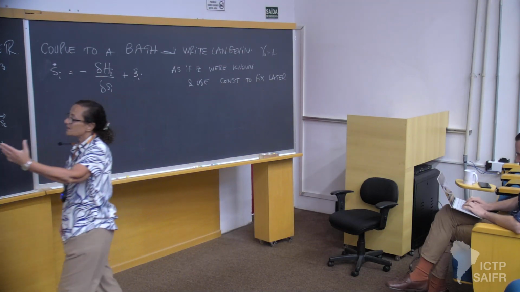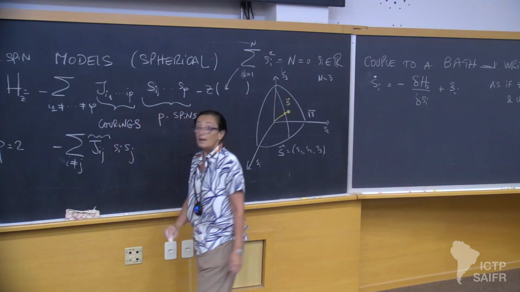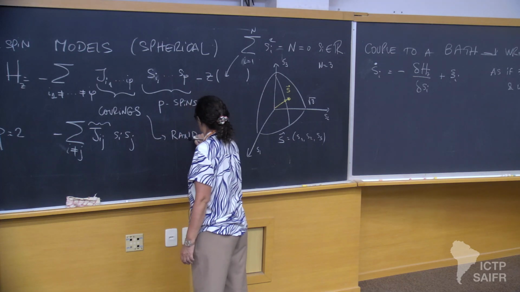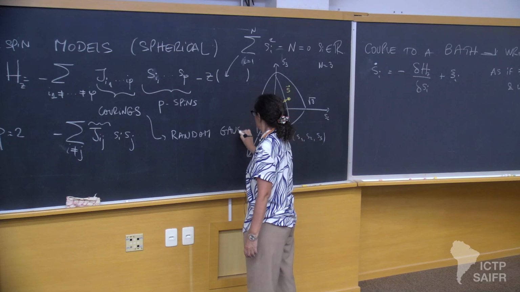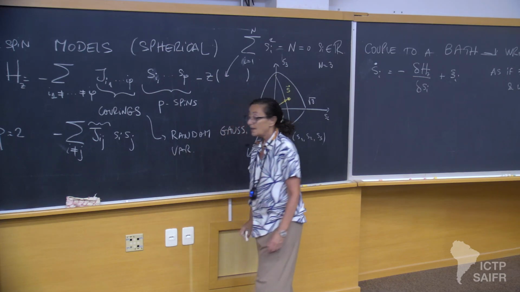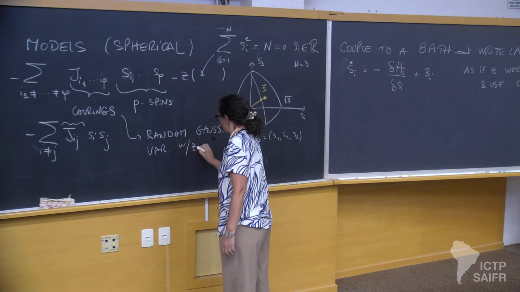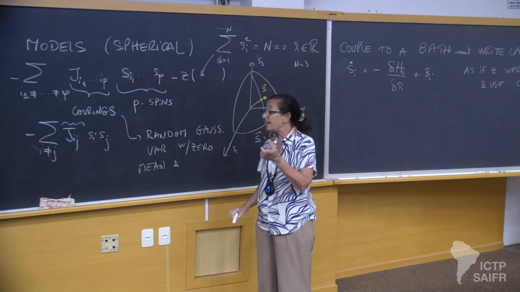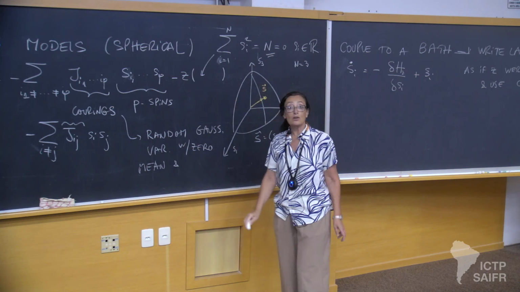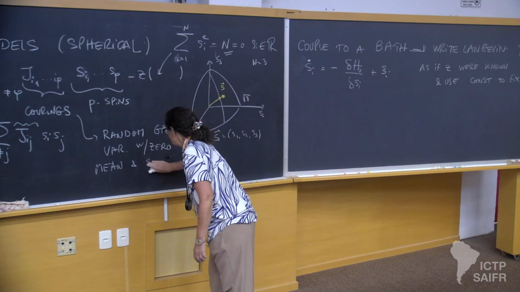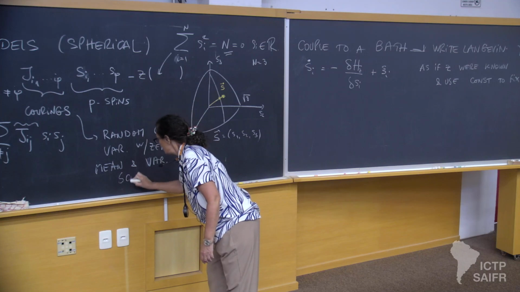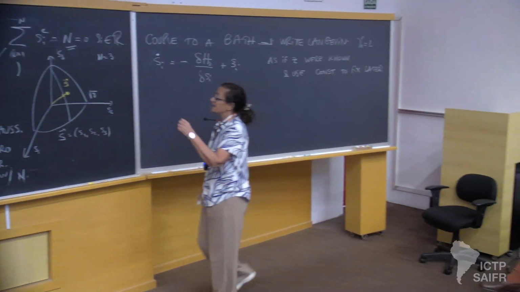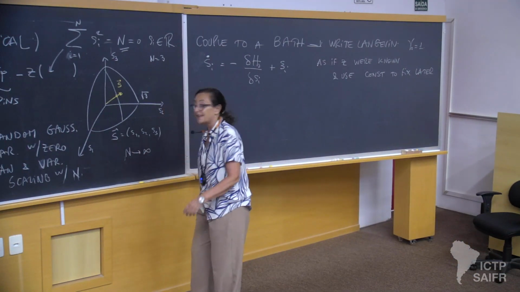So it turns out that if you choose these couplings to be random Gaussian variables with zero mean, and variance scaled with n in a convenient way, you will have a good thermodynamic limit, in the sense of taking n going to infinity and getting non-trivial results.